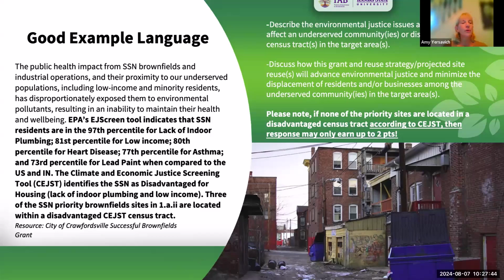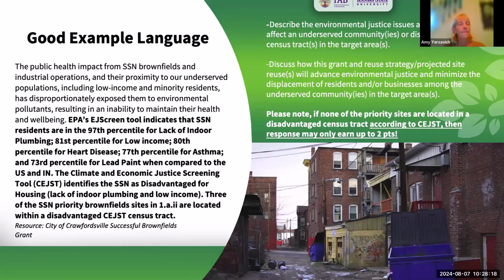And here's some good example language. They speak to the EJ Screen tool and the percentiles of things such as lack of indoor plumbing, low income, heart disease, asthma, lead paint, which tends to be a huge issue oftentimes with older housing and unupdated rental housing in target areas, EJ areas, and they compare it to the state and to the US.